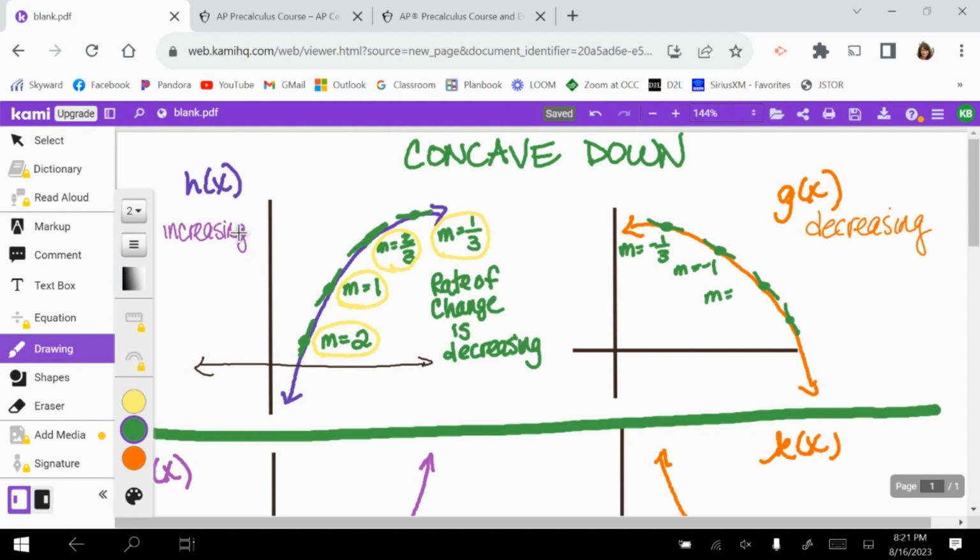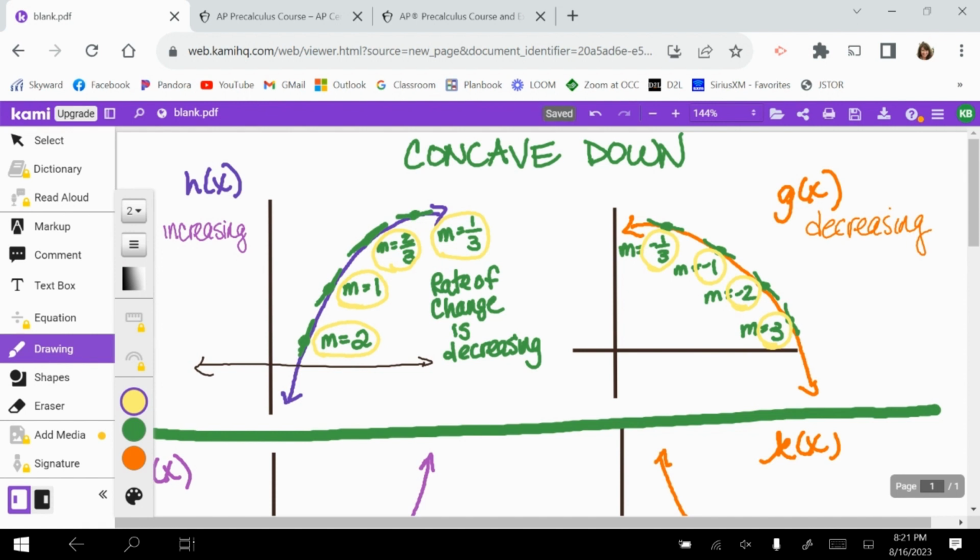Maybe we'll call this one negative 2, and this one negative 3. Again, I'm just guesstimating the slope of those little tangent lines. As we look from left to right, we go from a rate of change of negative 1/3 to negative 1 to negative 2 to negative 3.